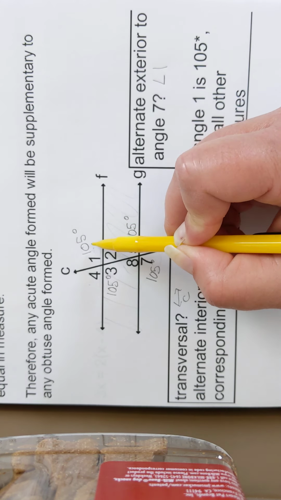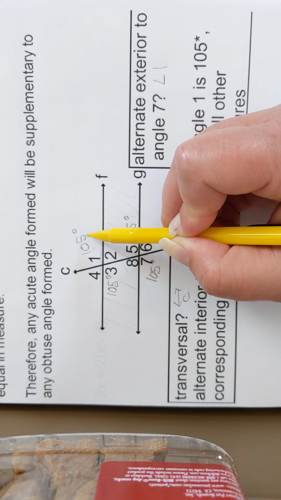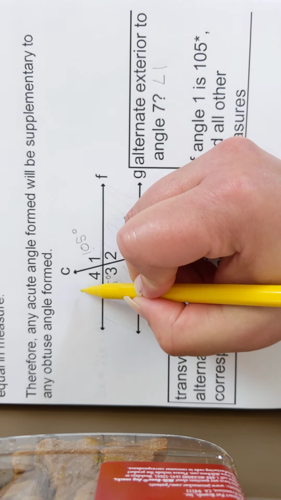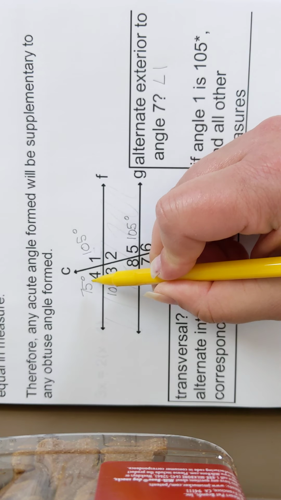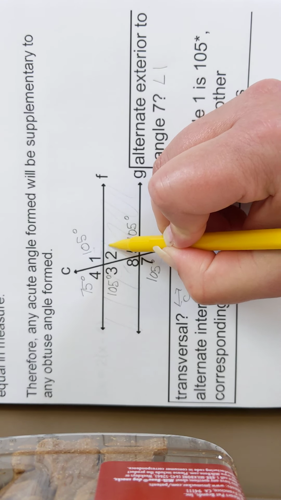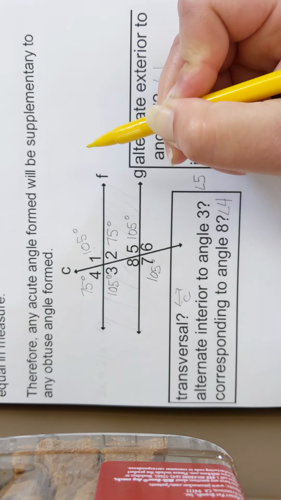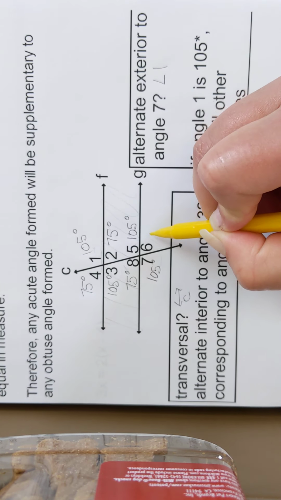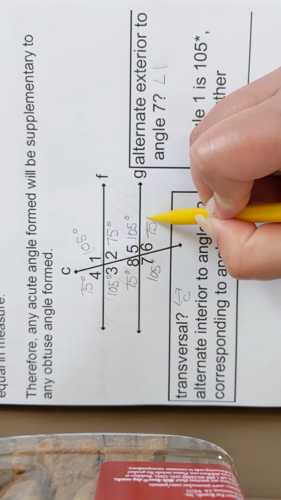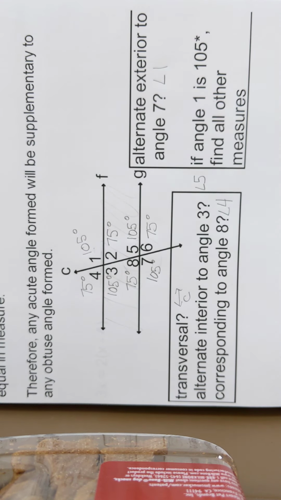So if I take 180 minus 105, I will come up with 75 degrees. So angle 4 is 75 degrees. Angle 2 is 75 degrees. Angle 8, 75 degrees. Angle 6, 75 degrees. So now I have found all of the other measures in this figure.